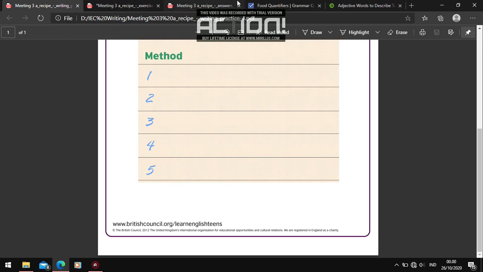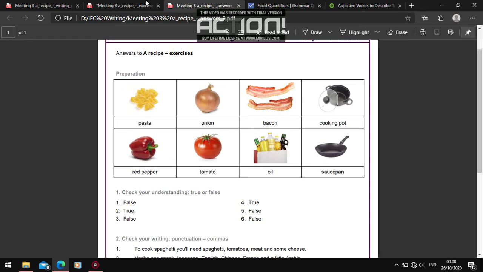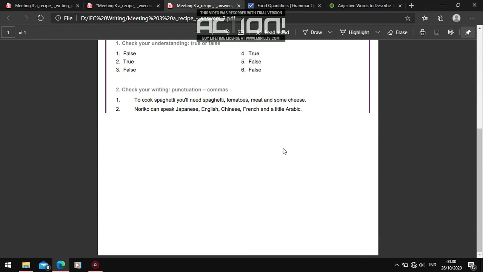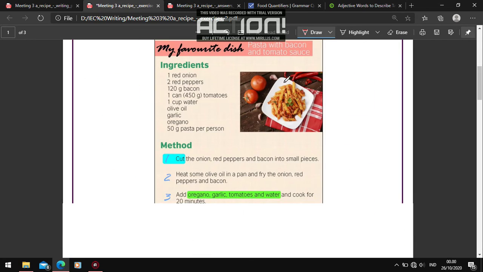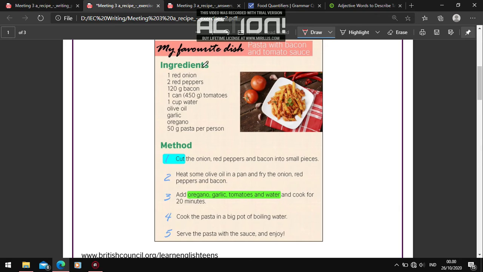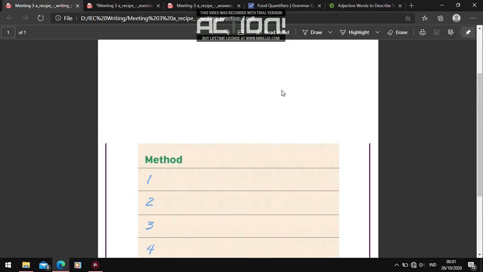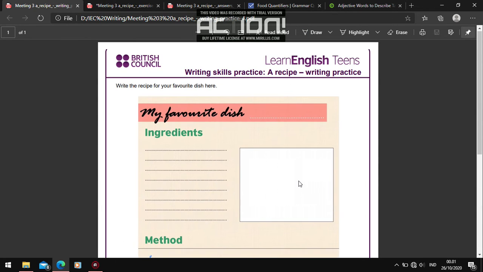Okay, the method, just like the example here. I put the picture and then ingredients, you write the ingredients, what is the ingredients, and then the methods.